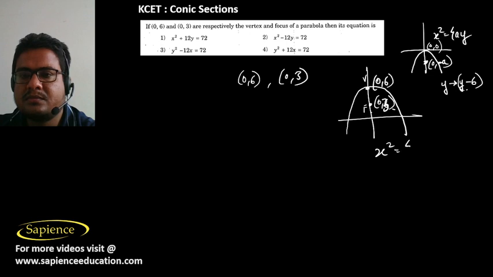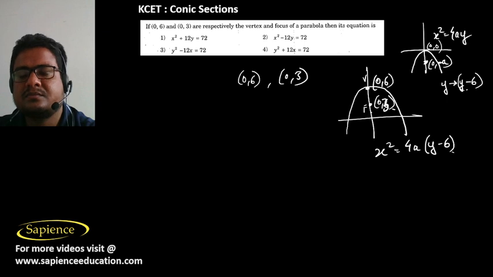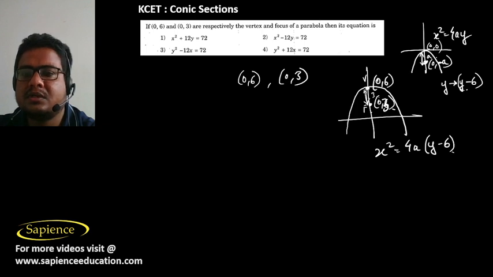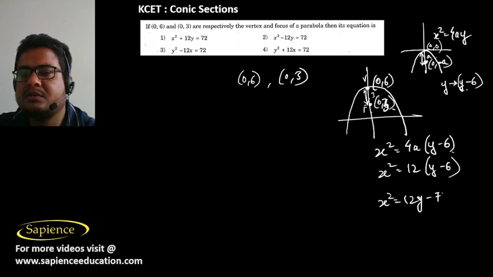So therefore it will be x square equal to 4a into y minus 6, and the focus is at 0 comma, this length is a units. Now here that length is 3 units, so a will be 3 here, so this will be x square equal to 12 into y minus 6, so this will be x square equal to 12y minus 72.